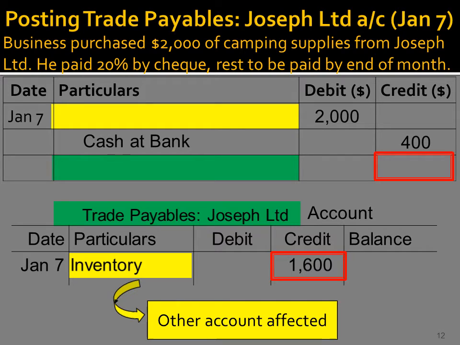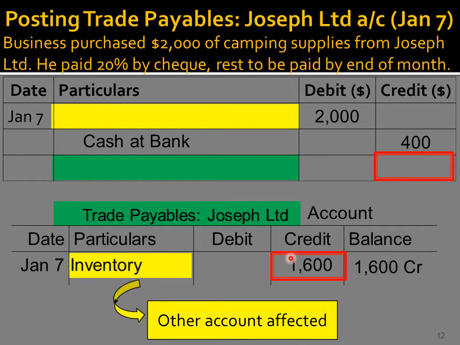Step 4 is to compute the running balance. We are done with posting the trade payables ledger account. Let's do our check. The first check is in the particulars column. I should not expect to see the name of the ledger account that is being prepared. So in the particulars column, I should not see trade payables Joseph Limited account.